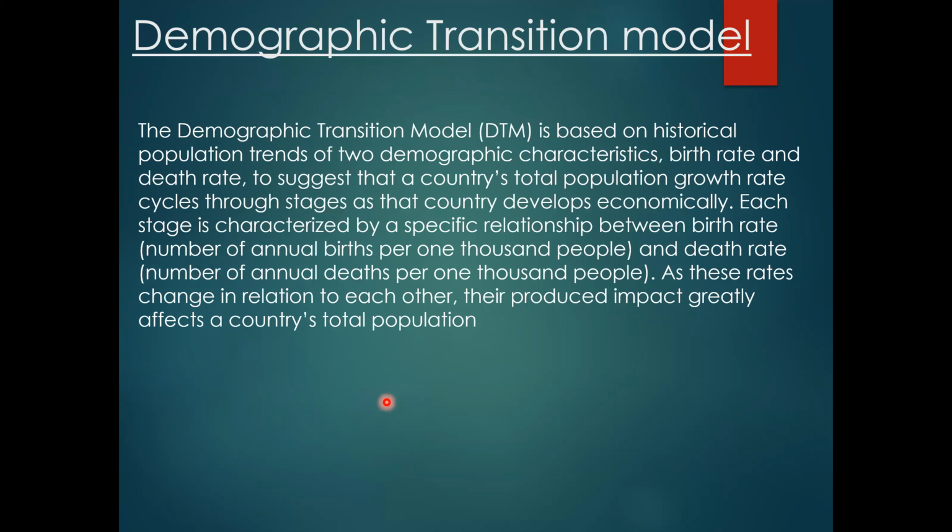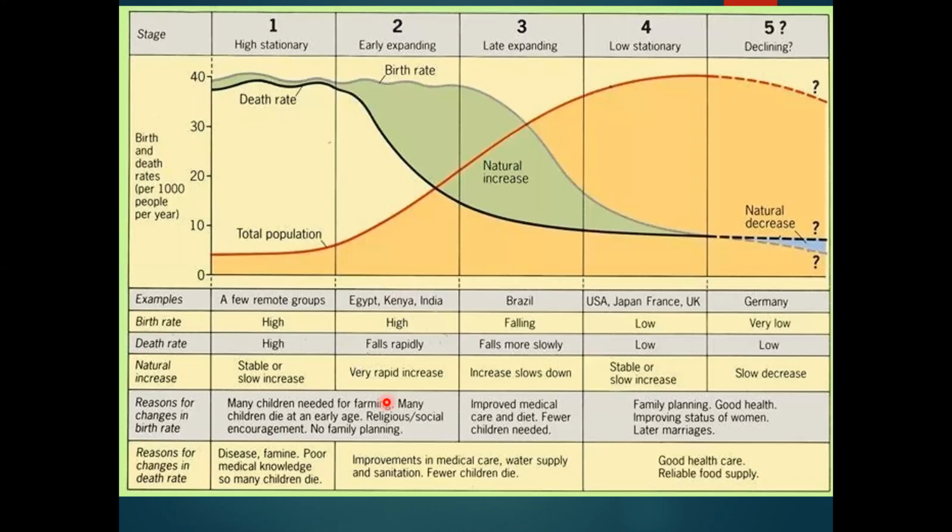The next thing that we need to discuss is the demographic transition model. That is a model which is used to show the trends of population. This is how a demographic transition model looks. It has been divided into 5 different stages, and it can be used for a variety of purposes.